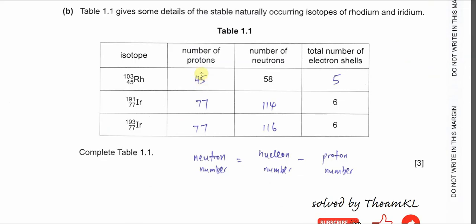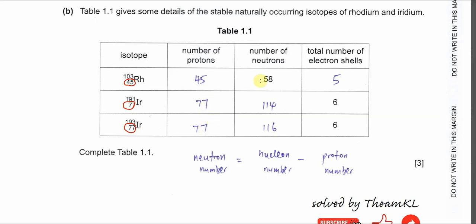Part B. Table 1.1 gives some details of the stable naturally occurring isotopes of rhodium and iridium. We have this table we need to fill up. The proton number is very easy. You just need to read it from the isotope symbol. The lower left is the proton number. Here it is 77, and these two are the same element, so they are isotopes, and the proton number is 77.